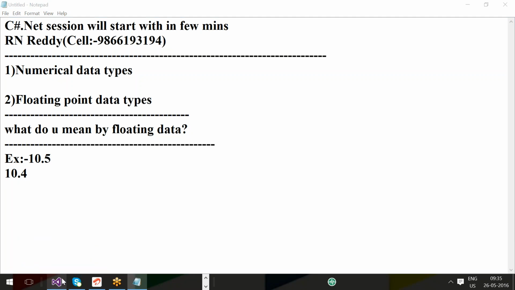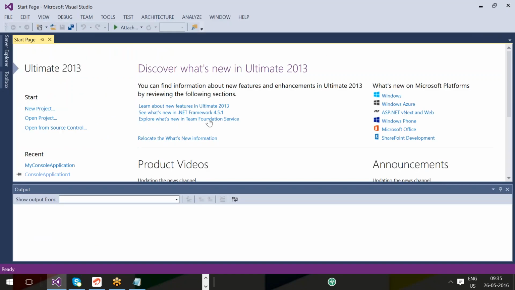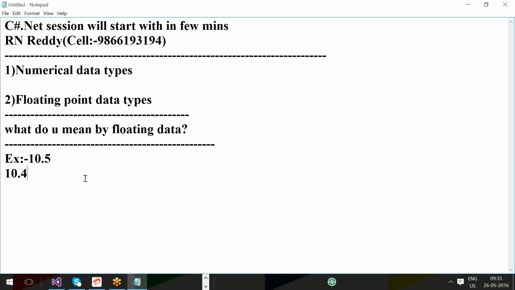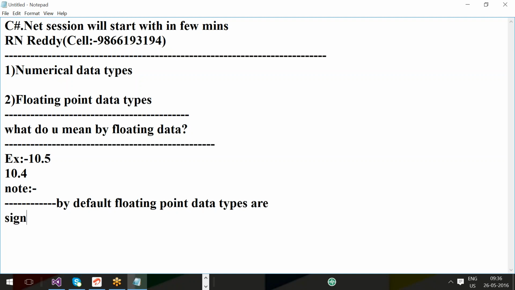One important point you have to remember, that is the note: by default, floating point data types are signed.